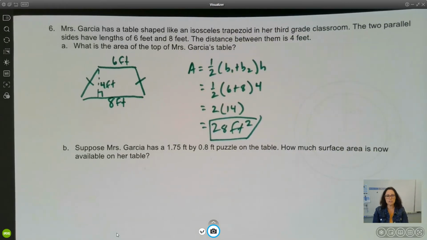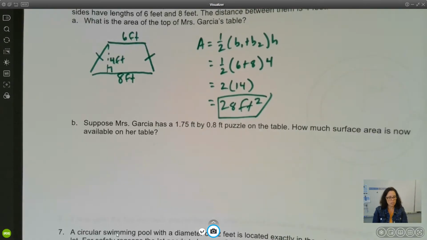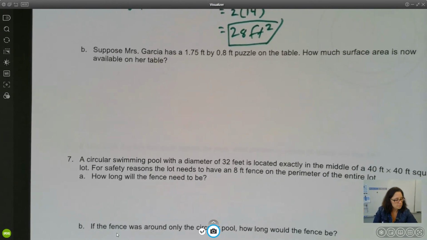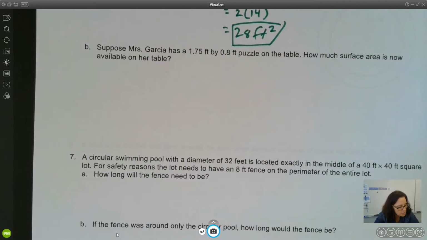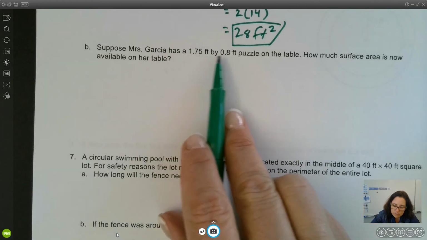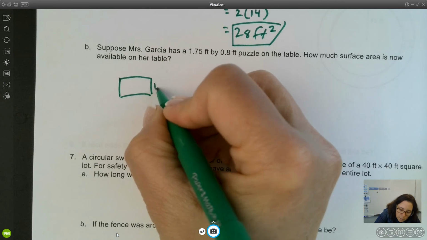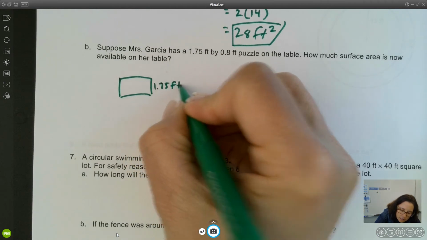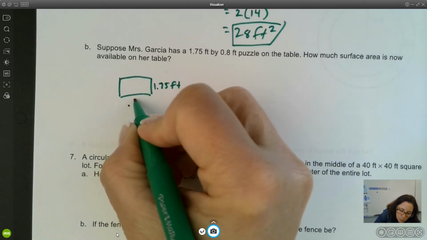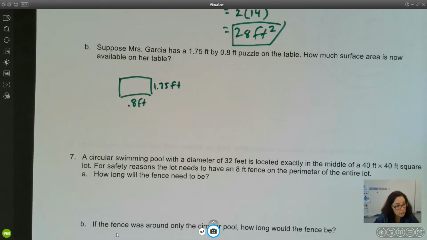Suppose Mrs. Garcia has a 1.75 feet by 0.8 feet puzzle on the table. How much surface area is now available on her table? All right, so this puzzle, 1.75 feet times 0.8 feet. Do not go by the looks of it. Okay, that is not drawn to scale.